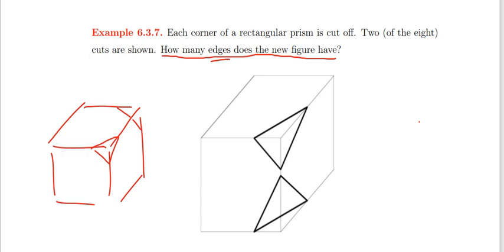So this means the total original edges. How many edges does the cube have? 1, 2, 3, 4, 1, 2, 3, 4, 1, so 12, right? Original 12, plus some new edges.